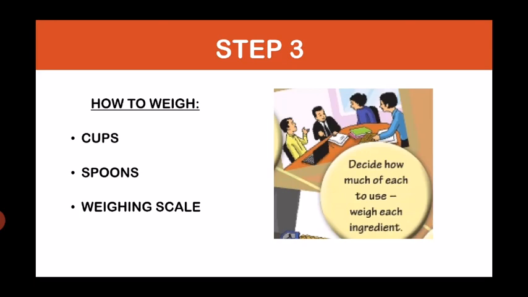So children, in step 3, you have to decide how much of each ingredient you will use. And then you have to weigh your ingredients, just like you did in nimbu pani. So this was step 3 while making biscuits. Now let's go to step 4.